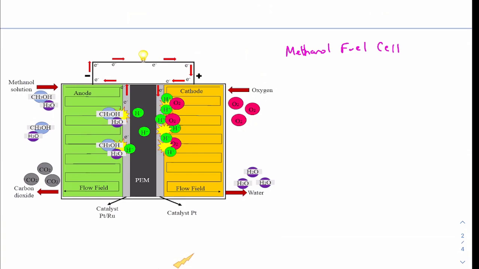Okay. And so a methanol fuel cell works in a very similar way with the proton exchange membrane of moving H pluses across the membrane, but instead of hydrogen gas being oxidized, methanol is oxidized. And so you can see that methanol will react with water to form CO2 plus 6H plus and 6 electrons.